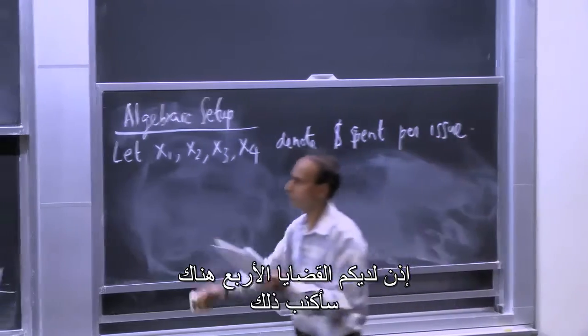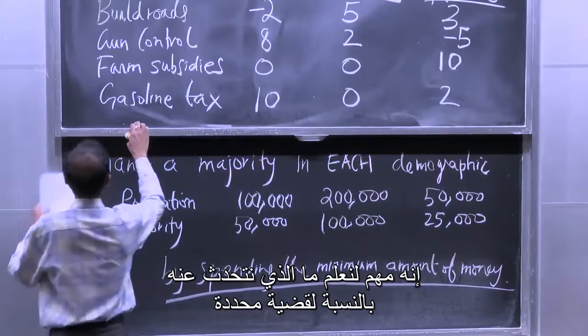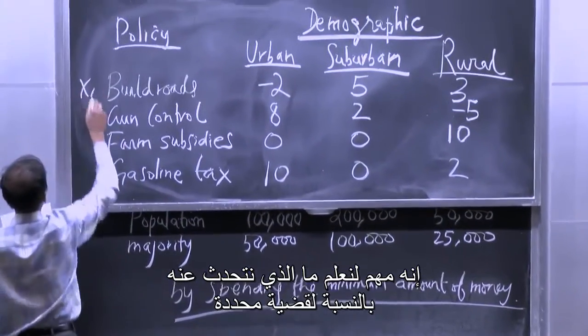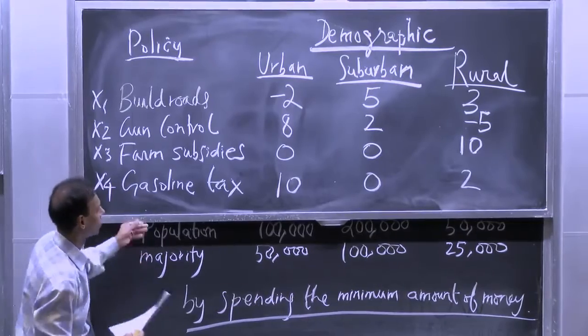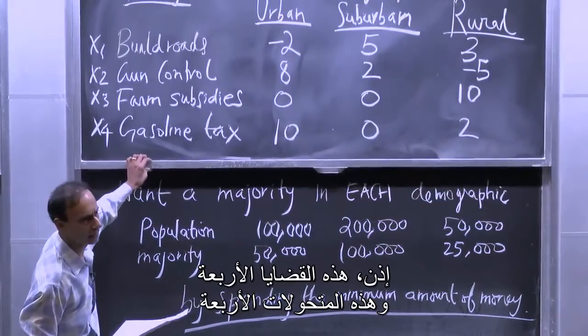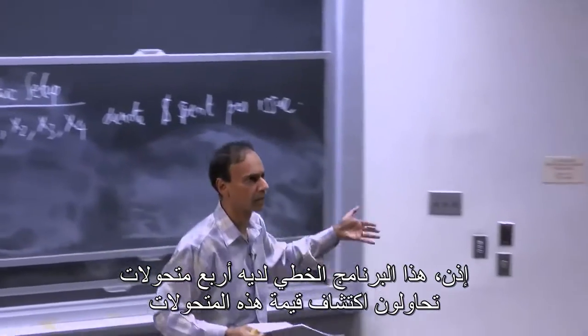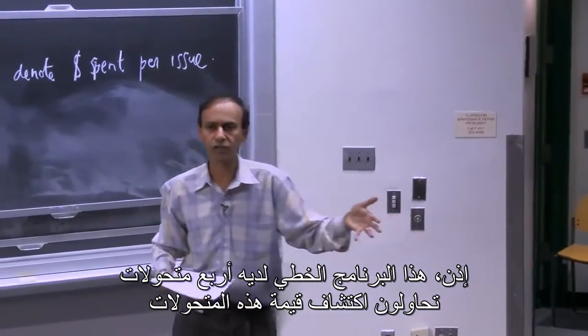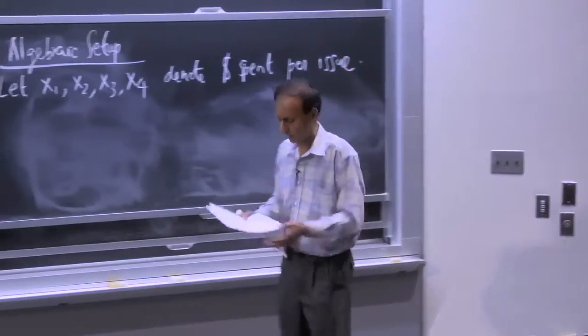So you got those 4 issues up there. So let me write that out. It's important to make sure you know what I'm talking about with respect to a particular issue. So those are our 4 issues, and those are our 4 variables. So this linear program has 4 variables. You're trying to discover the values of these variables to optimize, minimize your cost function.